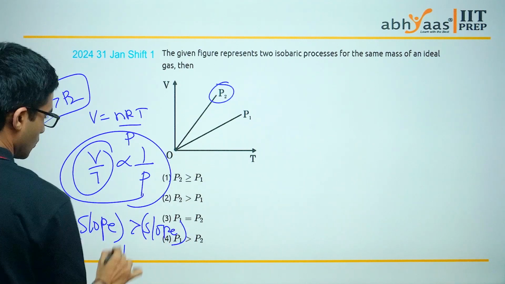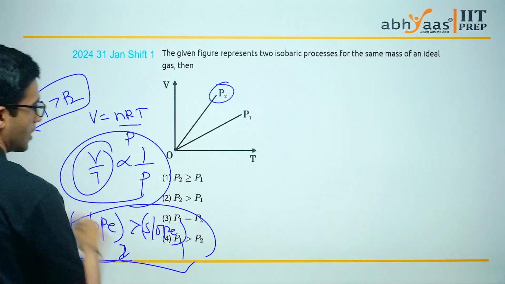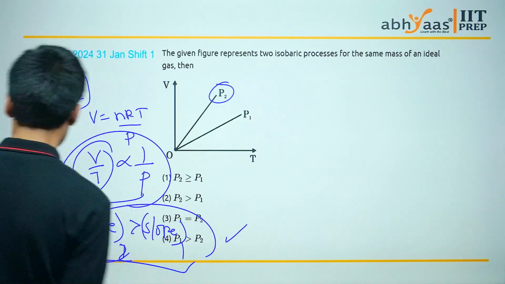Slope 2 is greater than slope 1, that means by inverse proportionality P1 is greater than P2. This is the answer.